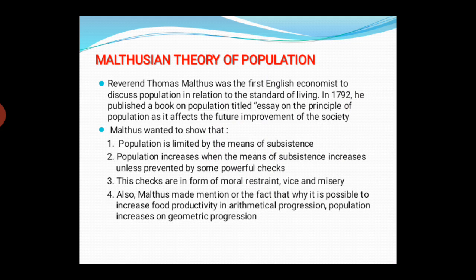He believed that this will help to reduce the population size, and the rest of the population will be able to cope with the means of sustenance. Apart from this, he also talked about the preventive check, that this will also help to reduce high population growth rate.